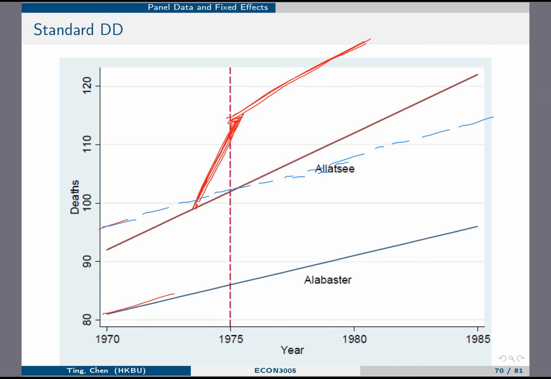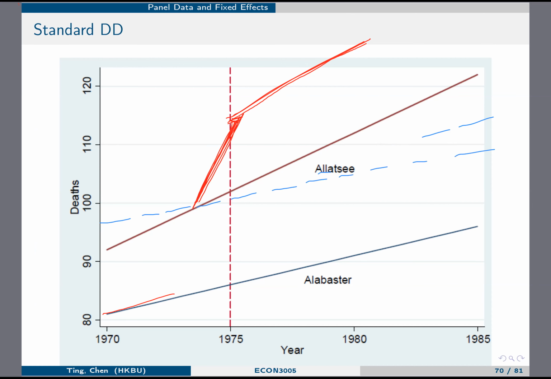Sorry, I should draw the pre-treatment. This line should go to the point when the treatment applies. It will be here, right?